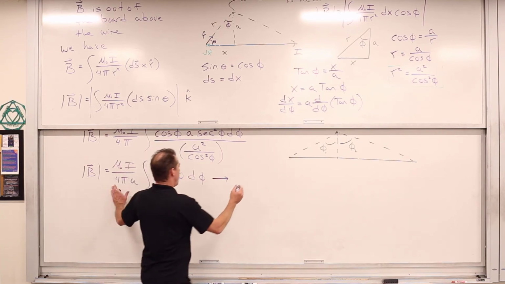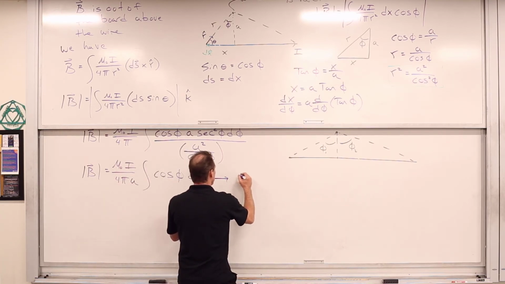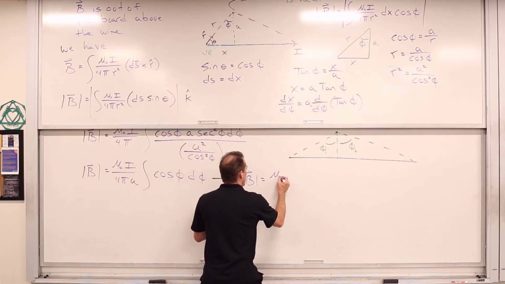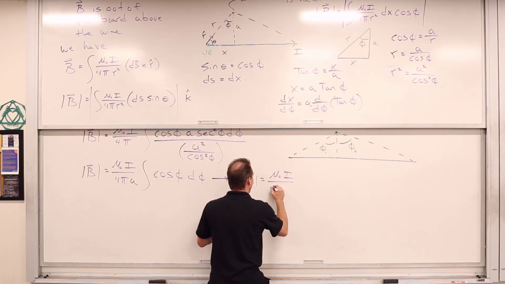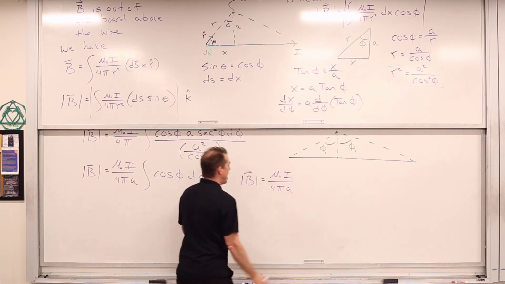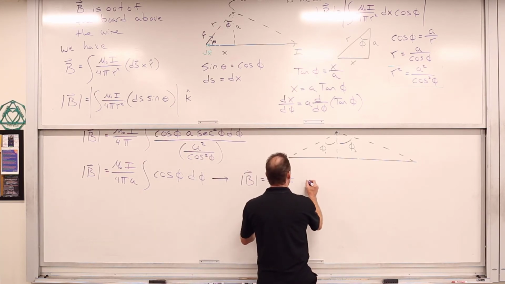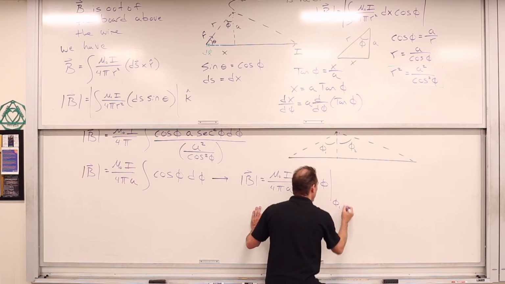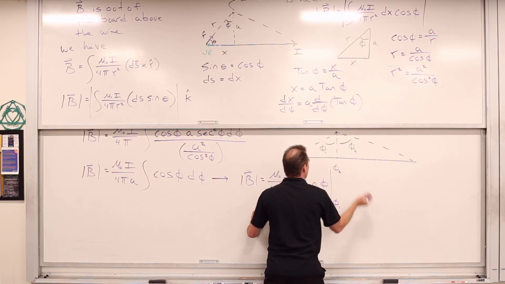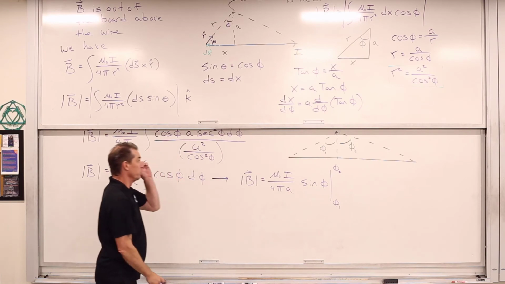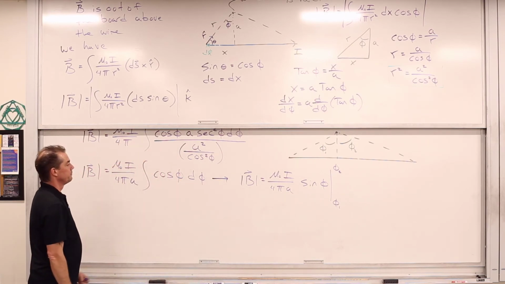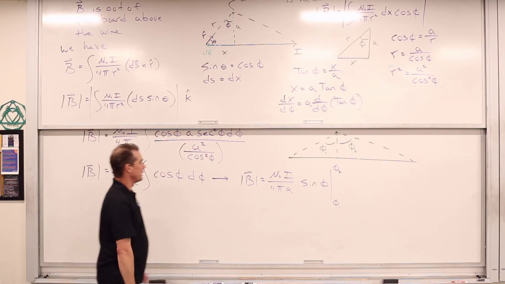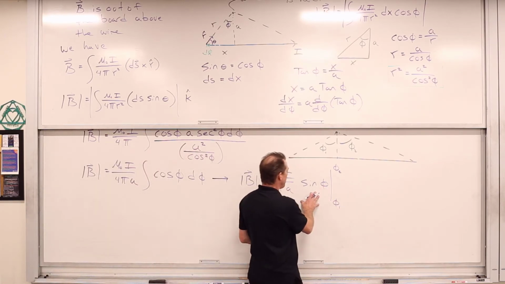At any rate, we've got this now. The magnitude of B is going to be equal to mu 0 I over 4 pi times a, multiplied by the sine of phi evaluated from phi 1 to phi 2. And really which way you go doesn't matter. But at any rate, what happens with this?